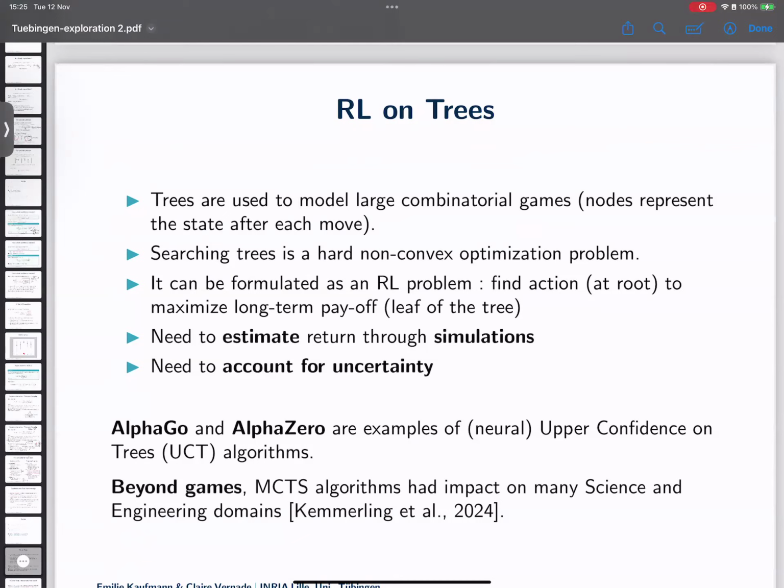Why are trees models for games? I think it's probably quite clear, but just to give an idea, being in a state means observing, I'm not going to draw the full game of Go, but you have a board with things like this. This is your current game, this is your state.